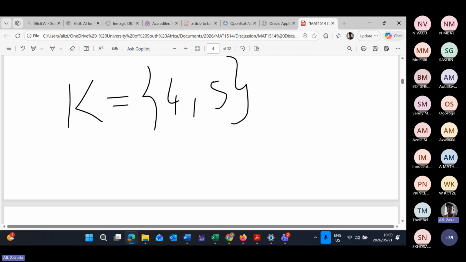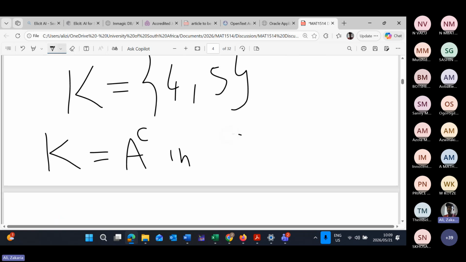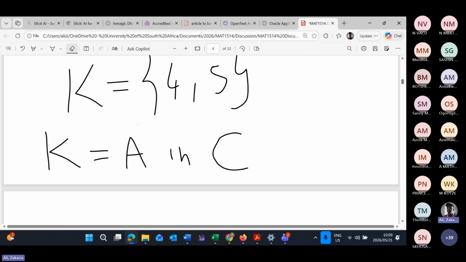The set K is basically the complement of the set A in the set C. So sorry, there are two Cs here.